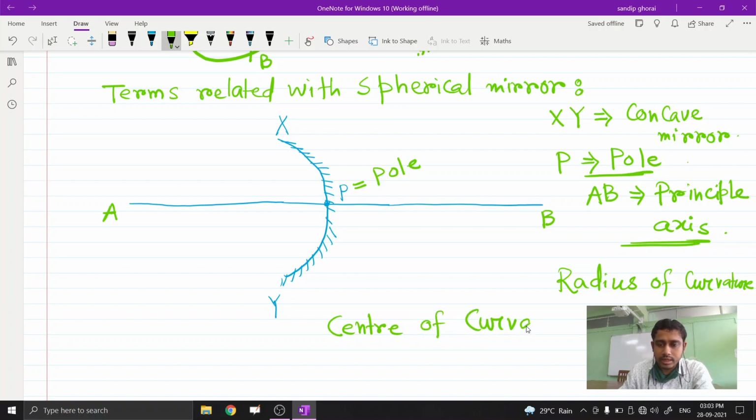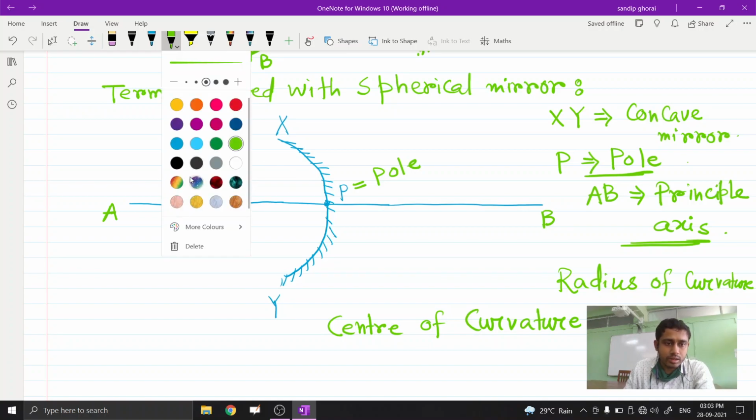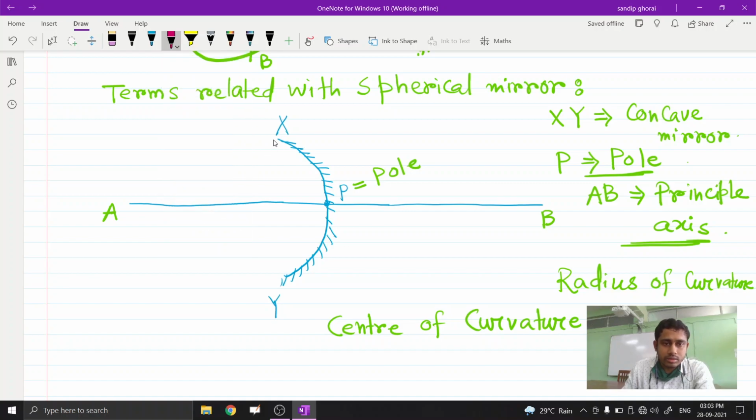What is center of curvature? Actually, what is the definition of center of curvature? This concave mirror is a part of a hollow spherical glass slab.